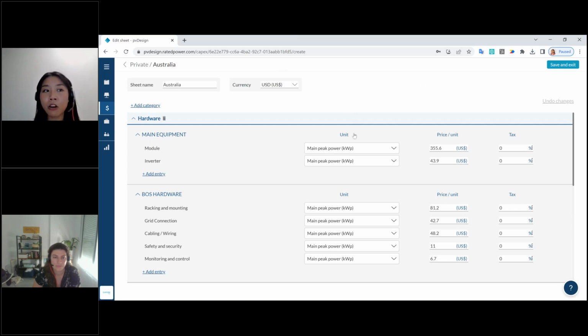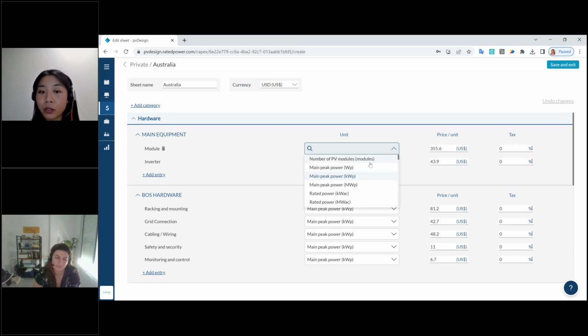And this is our CapEx creating page, where you can add freely the category, subcategory, or the entries. And more importantly, you can match each item to the units that exactly correspond to the bill of quantities you're getting for each of your designs.